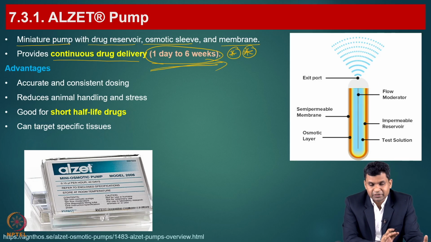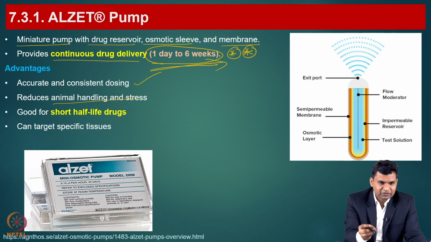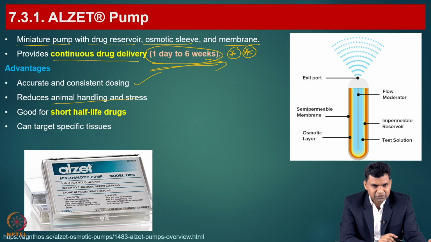Many people are working in this research application with the ALZET pumps, and accurate, consistent dosing is also possible. It will also reduce the animal handling and stress conditions, because we can use it even for animal research purposes also.